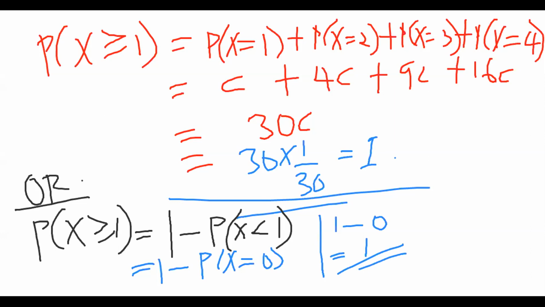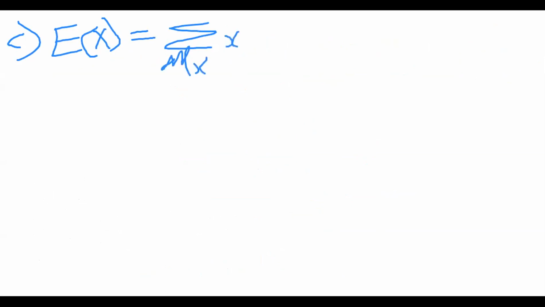Then part C was saying determine the expected value, determine the expectation of x. And by definition, this is the same as the summation of all x times the probability of x being equal to that value of x. That is the definition.